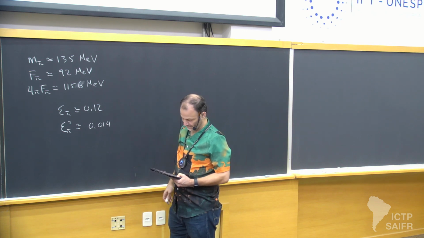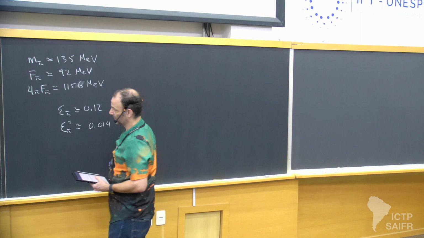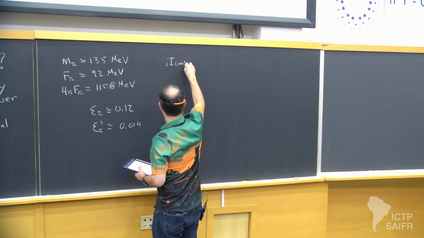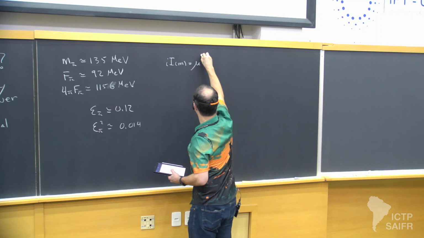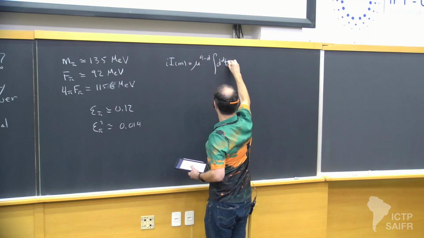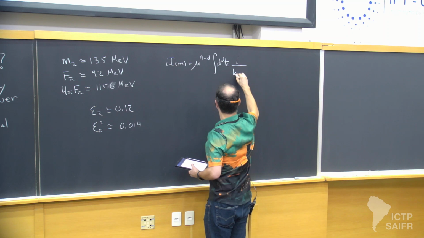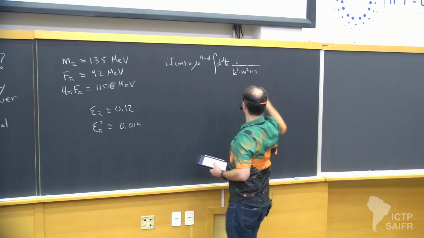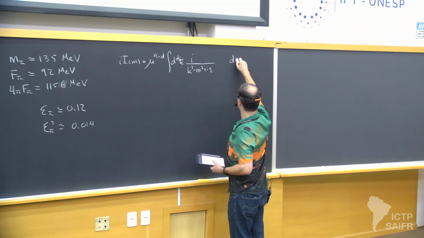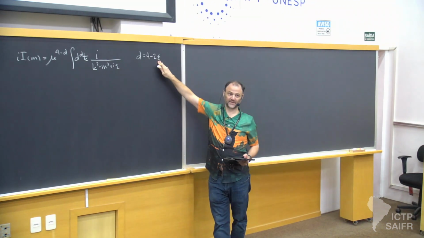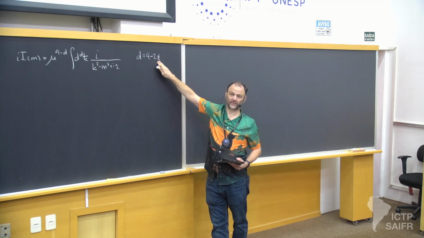All right, so, dim-reg. Let's do this integral in dimensional regularization. So, D. What we're doing in dimensional regularization is slightly modifying the space-time dimensionality.